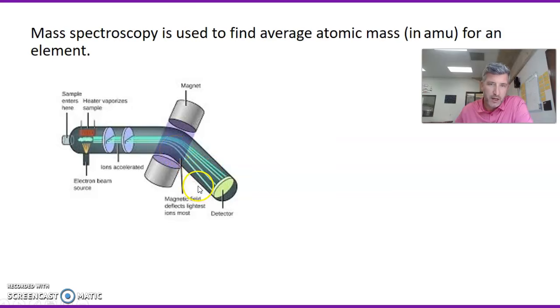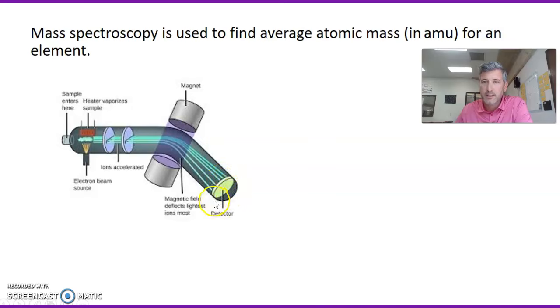Now, obviously, we're not talking about just two isotopes, because in this case, each blue line represents a different isotope. So this would be an element that has 1, 2, 3, 4, 5 different isotopes. Okay? And so the lightest one would be hitting at this end of the detector, and the heaviest one would be hitting at that end of the detector.